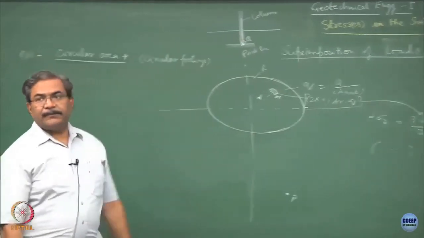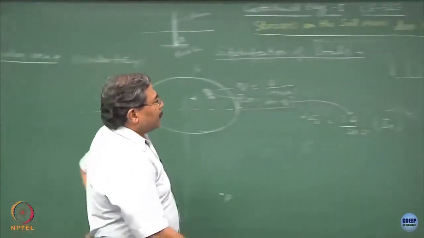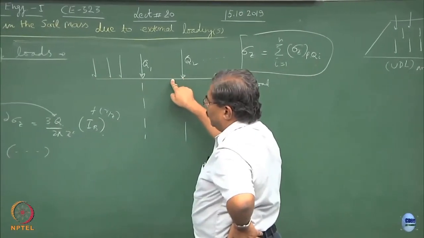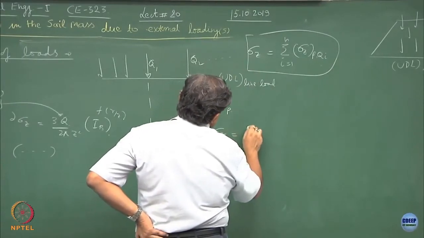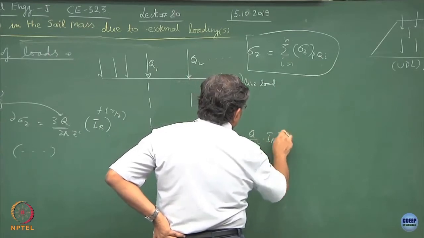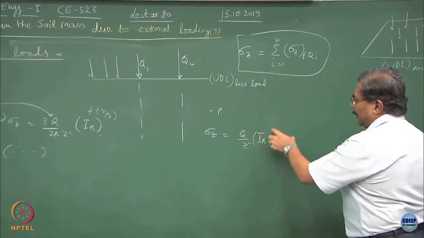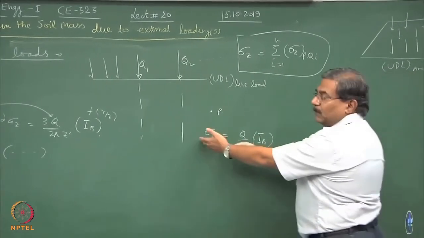Is this part clear? Fortunately, I hope you will realize the way we assumed IB over here in case of point loading. If you remember what we did, we simply said sigma z equal to q upon z square into IB. So, for this term you can form a table, and that table you can always refer to for different r by z, and you get the values of sigma z.